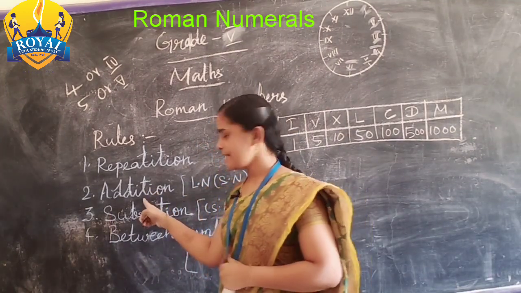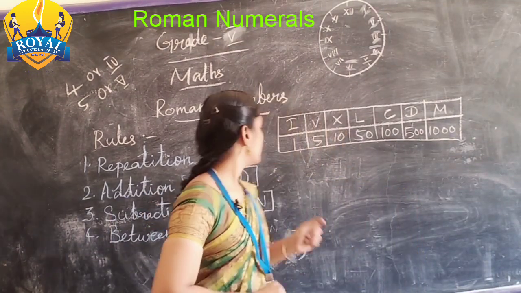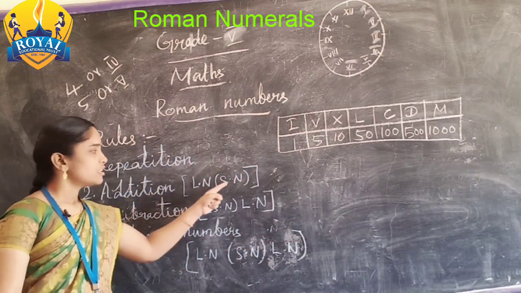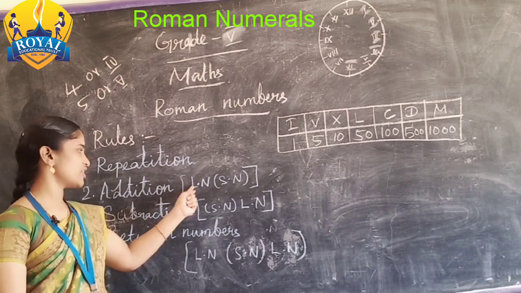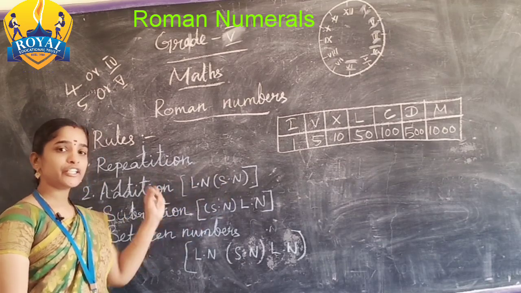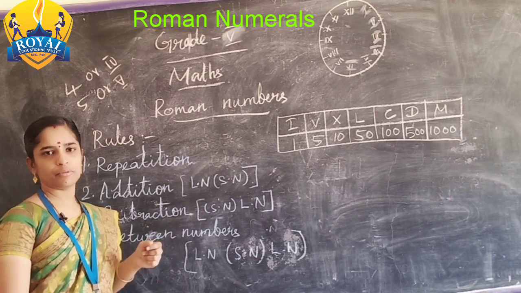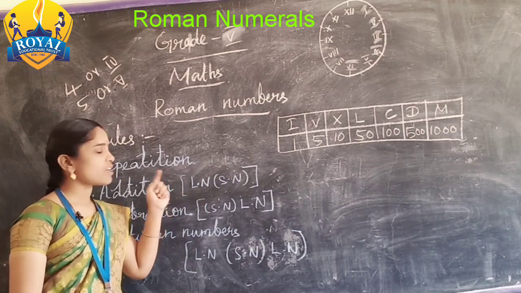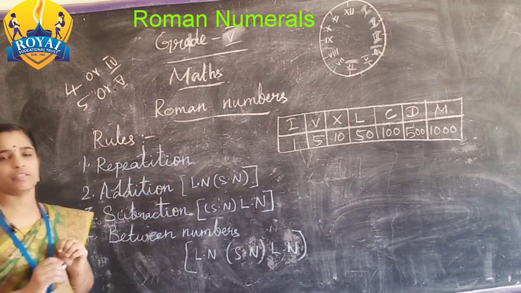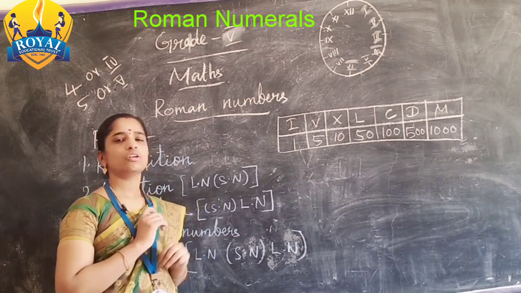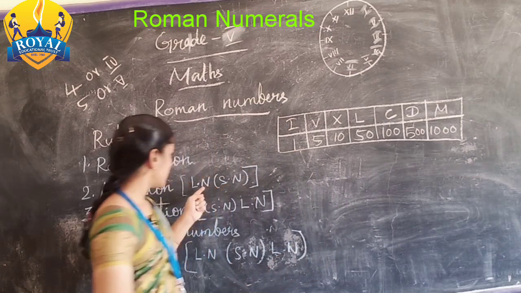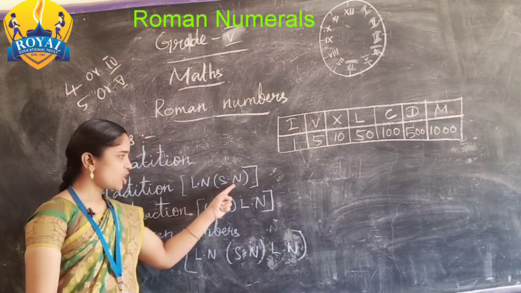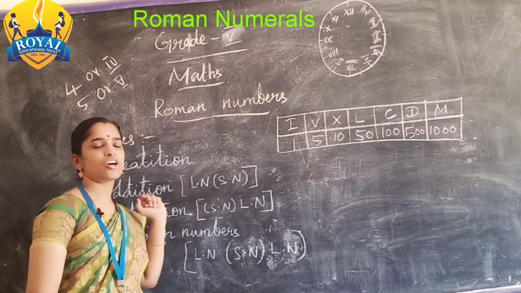The next one is addition. Students, a smaller number written to the right of a larger number is always added to the larger number. For example, look here, smaller number right of the larger number.